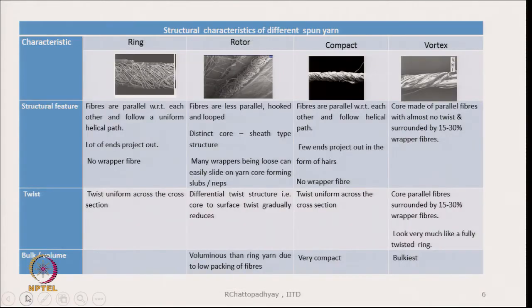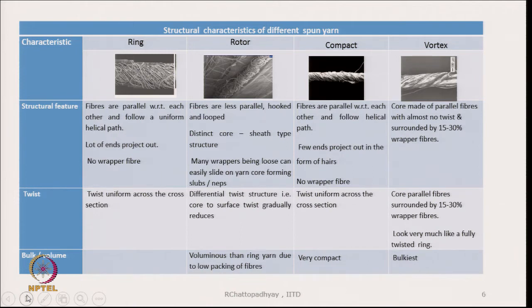Next, we look at the structural characteristics of different spun yarns, which are also stated in this table. The images are shown also. So, the images itself will give an idea of what we can expect if we make a fabric out of these yarns. And commercially, all these types of yarns are actually available, and the products made from ring yarn, rotor yarn, compact yarns, vortex yarns are anyway there.